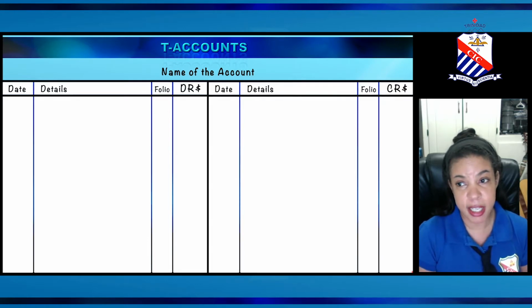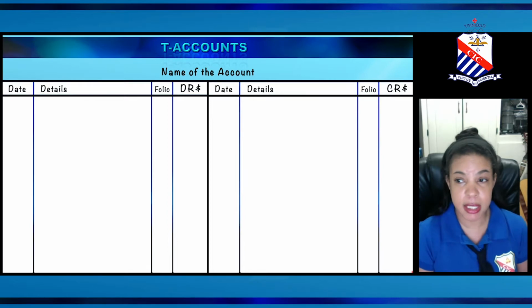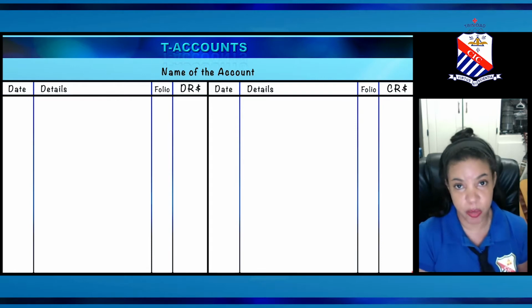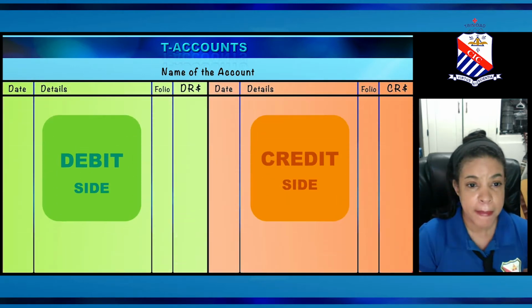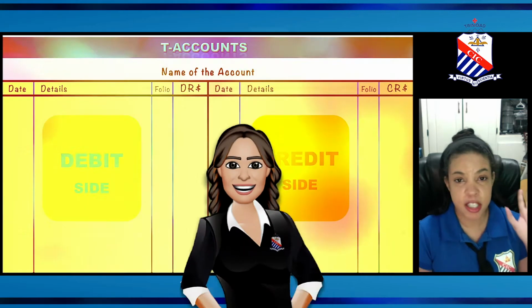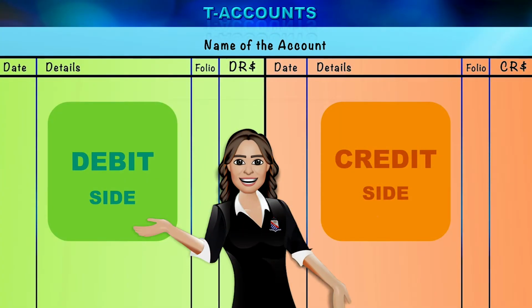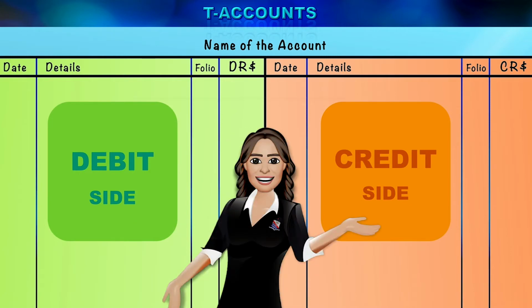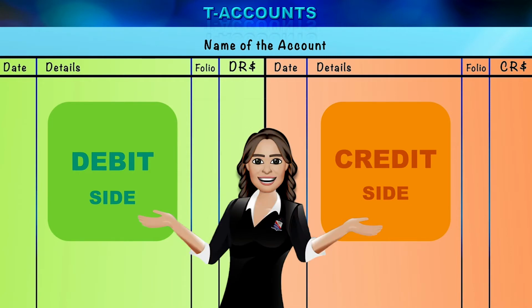And then the next side, the credit side, it's the same thing: date, detail, credit, and you may have the folio. The folio just tells you which journal the information came from, right? So you have your debit and credit sides. Your debit side is always on your left, and the credit side is always on your right, depending on which side you're looking at, right?